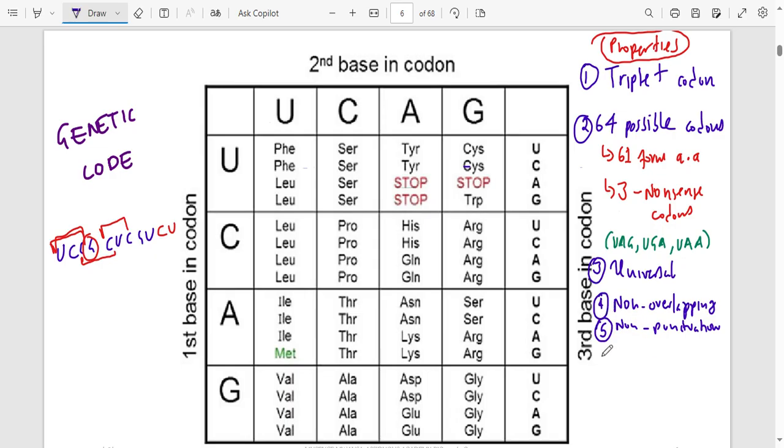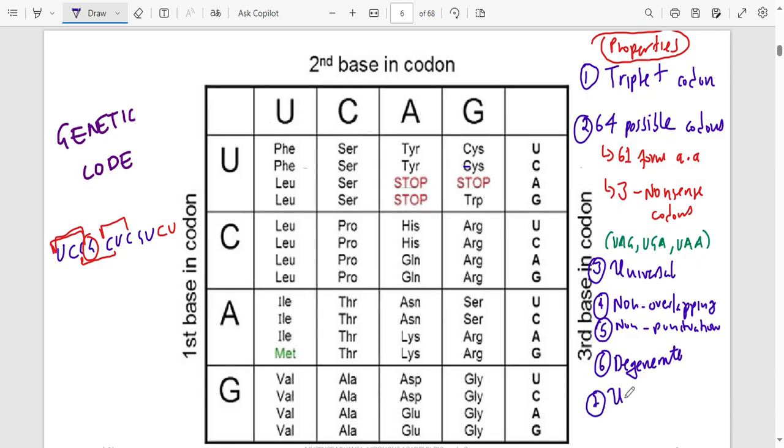Okay, excellent. The next property, number 6. The genetic code is degenerate. I love this property. Degenerate. Okay. And then another property is this. I'm going to explain it very soon.